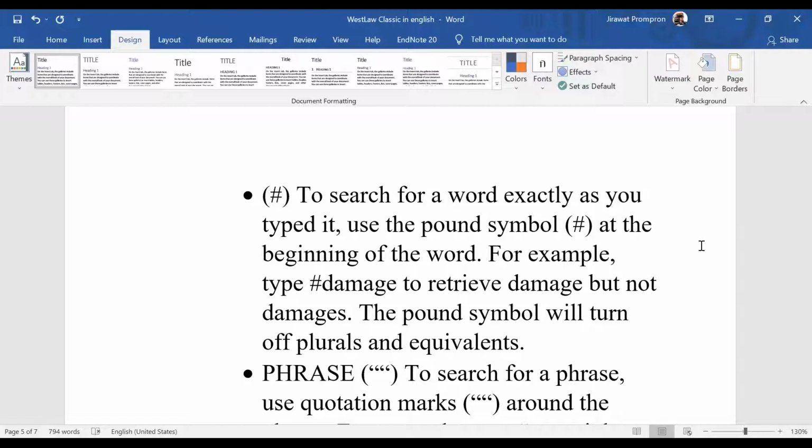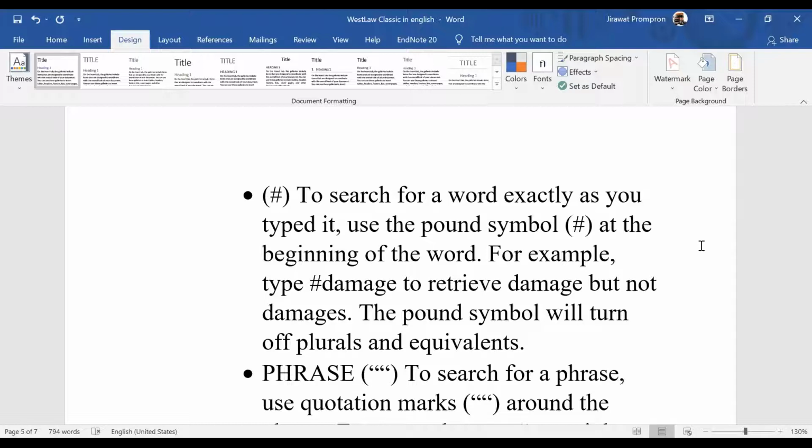Suppose I give you the sample damage. If you search damage alone, you will get damages, damaged, damaging, or anything that comes from this root word.